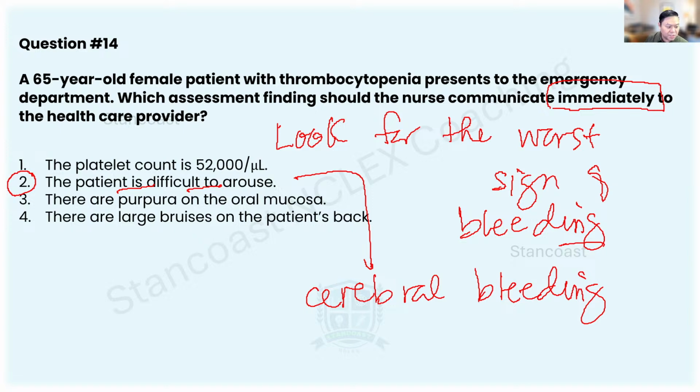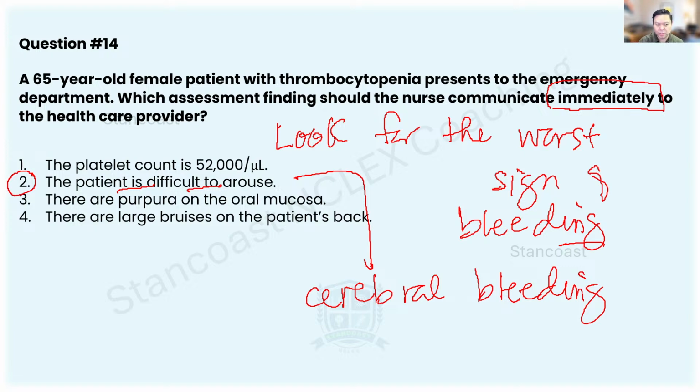4 may be due to abuse. There are large bruises on the patient's back. Large bruises could mean anything. Remember that when we are talking about possible elder abuse, we have to investigate further about the discoloration of the skin. It will be more of like different stages of healing, right? And so if you answered number 4, it's not going to be consistent with elder abuse.